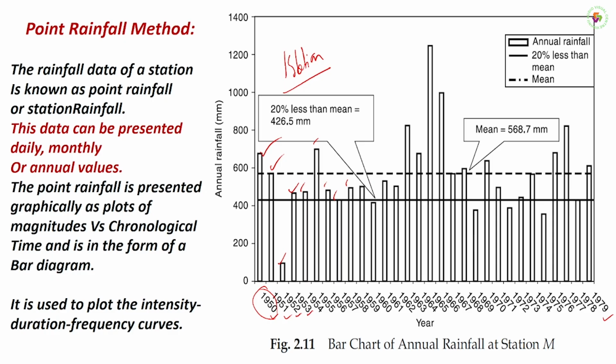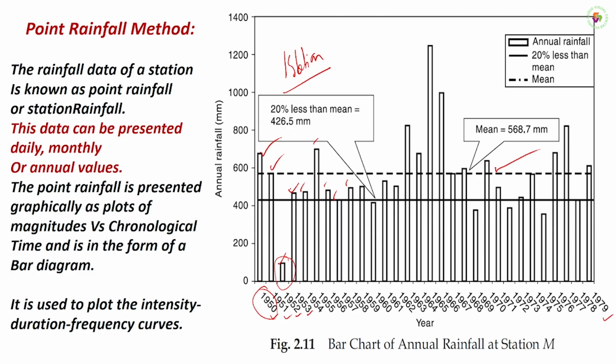Once this representation is over, for example for 50 years, because at the end of the day, when we are going for any hydraulic structure, we ask for the rainfall data. If they give it in this form, then I can first calculate the mean rainfall. This is the mean rainfall here. Now I can conclude from this graph, for example, that in 1952 it is much less than the average rainfall.